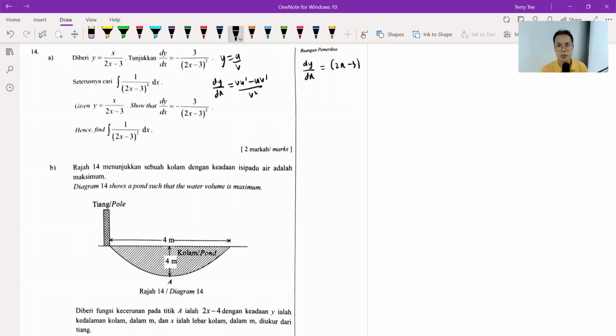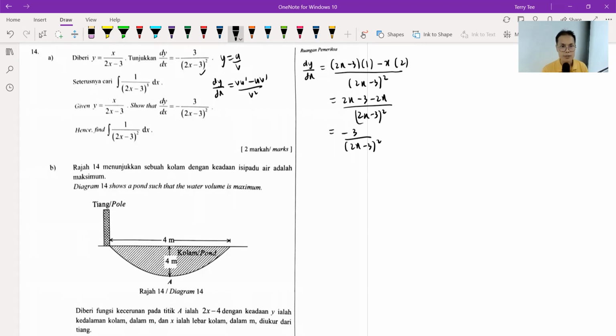Your u prime will be 1, and my v squared is (2x minus 3) squared. So let's expand this. This will be 2x minus 3 minus 2x over (2x minus 3) squared. When you cancel it, you get negative 3 over (2x minus 3) squared. Okay, so I've already shown that dy/dx equals this.